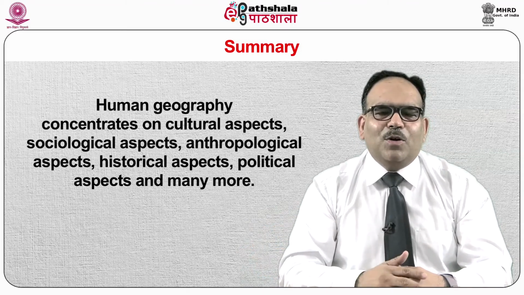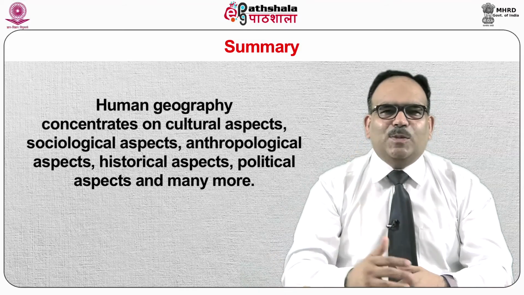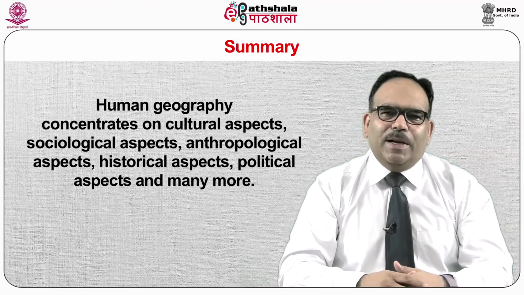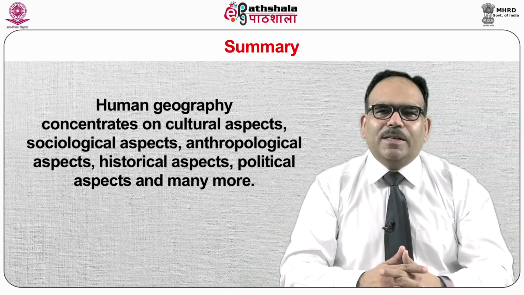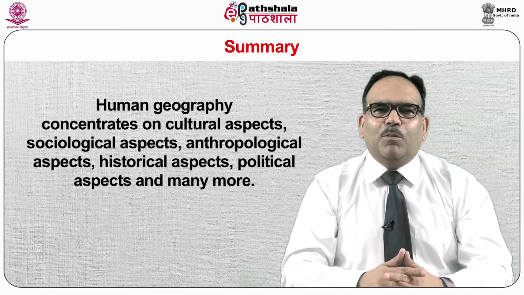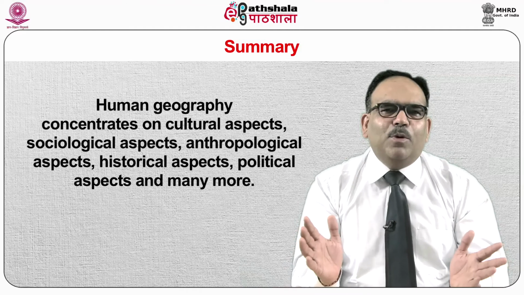Human geography concentrates on cultural aspects, sociological aspects, anthropological aspects, historical aspects, political aspects and many more. Physical geography puts light on natural aspects like mountains, rivers, plants, animals and as a result deals with subjects like botany, zoology, geology, oceanography, pedology and meteorology, etc.